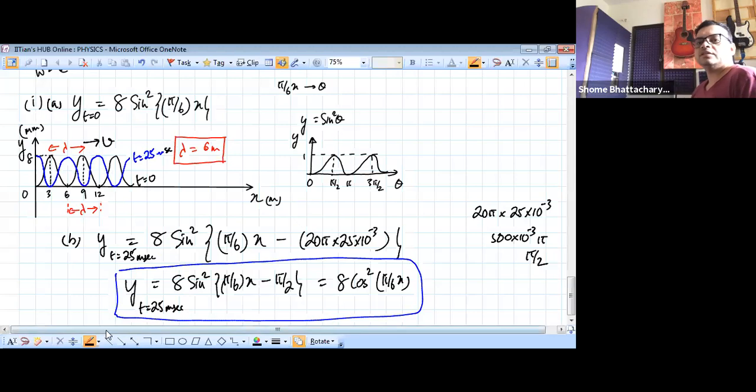The wave is shifting at a certain speed. You can see each of the peaks, they've shifted by 3 meters in a matter of 25 milliseconds. Okay. So this is also showing you that your wave speed should be equal to 3 meters every 25 milliseconds. So that should be 3 into 10 raised to the power 3 divided by 25. It's apparently 1200. Oh, sorry, 120 meters per second. That should be our wave speed.